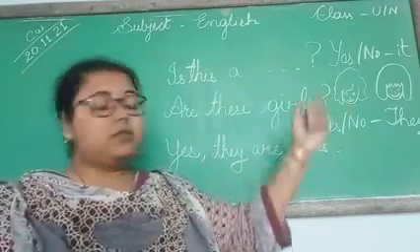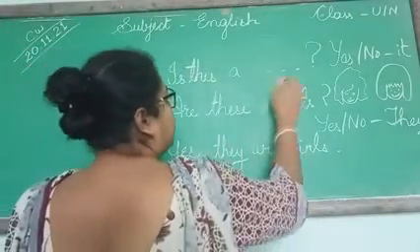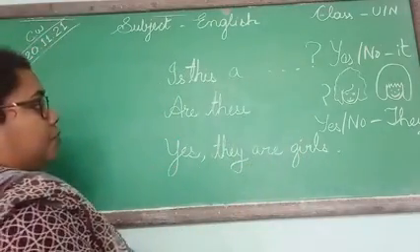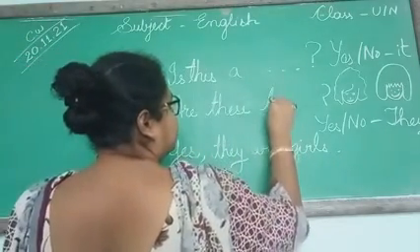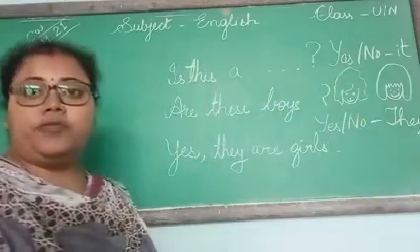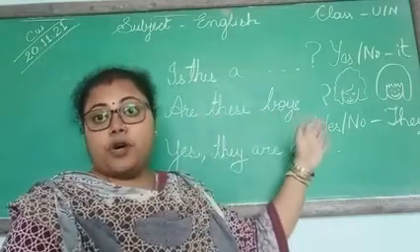They are girls. And suppose the question is are these boys? Now the option came, boys. But we are seeing that this is a picture of girls, and I am asking are these boys?